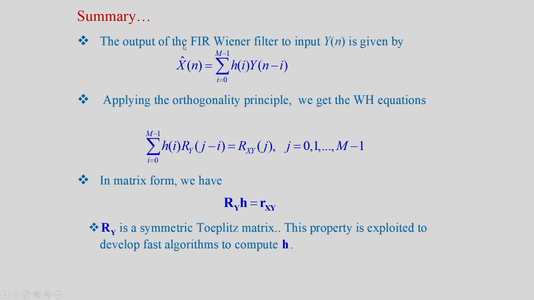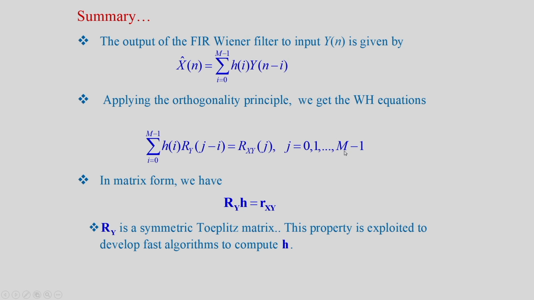The output of the FIR Wiener filter to input y(n) is given by this, and these filter coefficients we have to find out using the orthogonality principle. Applying the orthogonality principle, we get the Wiener-Hopf equations like this: summation of h(i) into Ry(j minus i), i going from 0 to M minus 1, is equal to Rxy(j), for j equal to 0 to M minus 1.